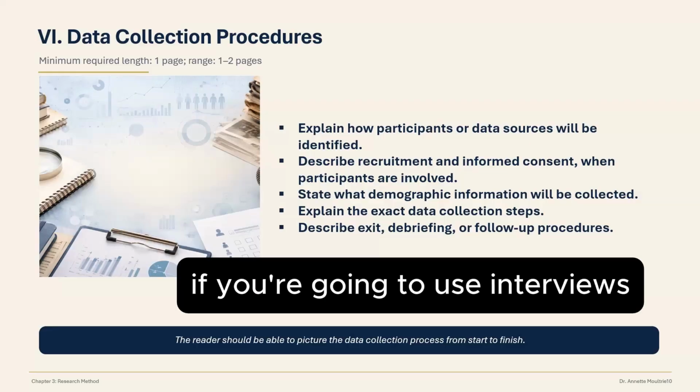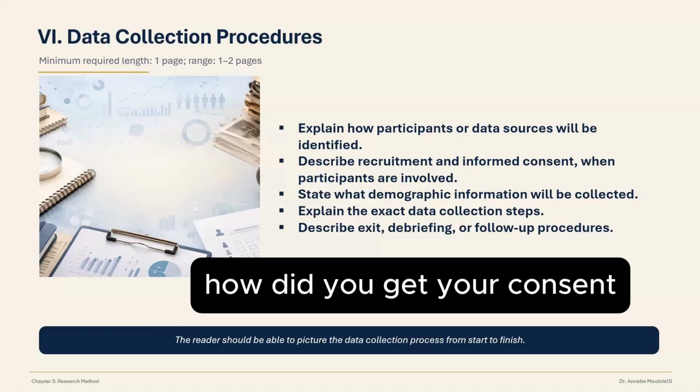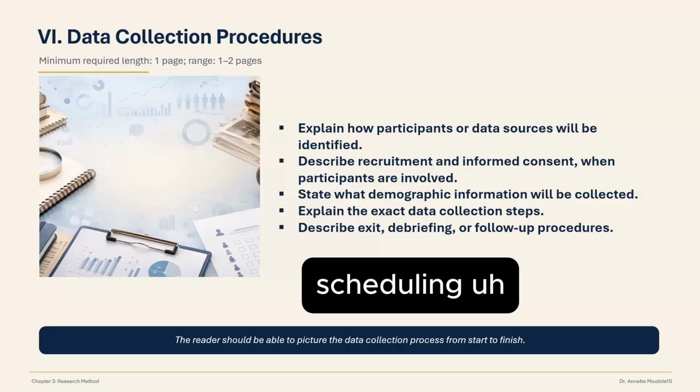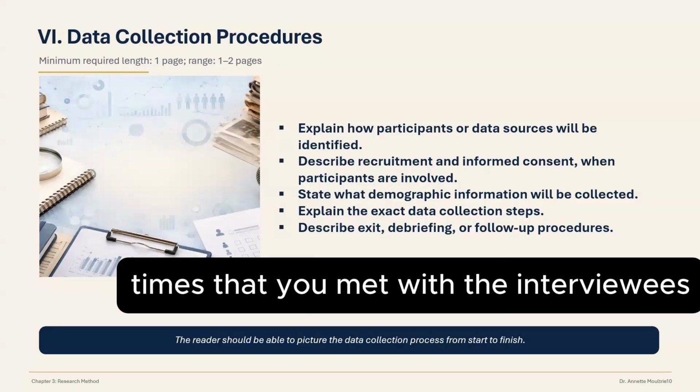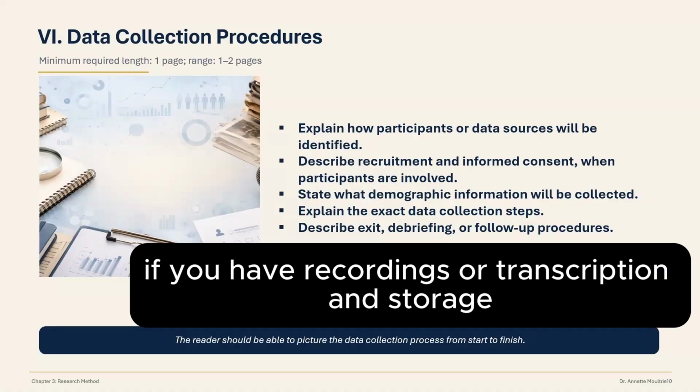If you're going to use interviews, you should discuss your recruitment process. How did you get your consent? You have to include scheduling times that you met with the interviewees. You must include recordings if you have recordings, or transcription and storage.